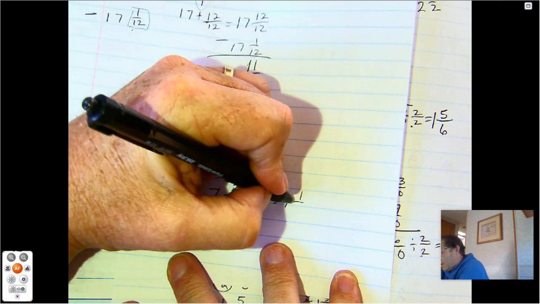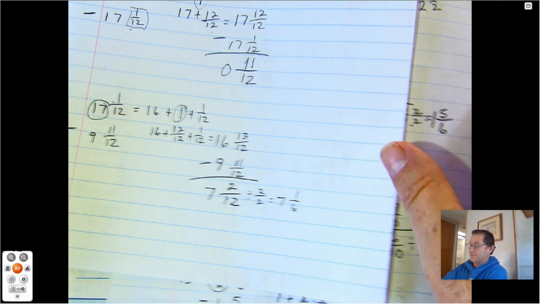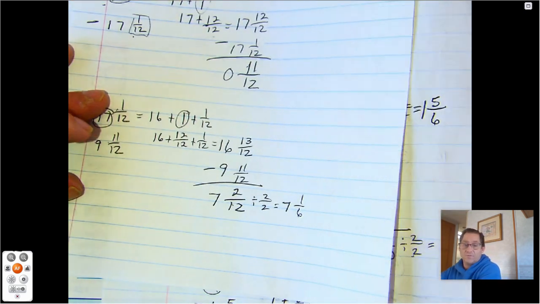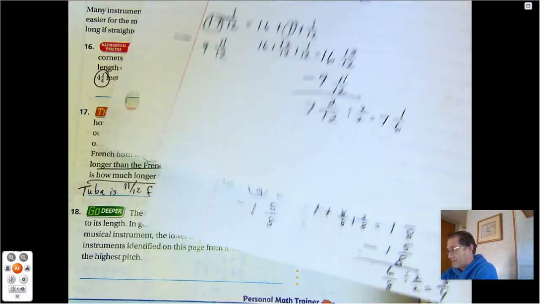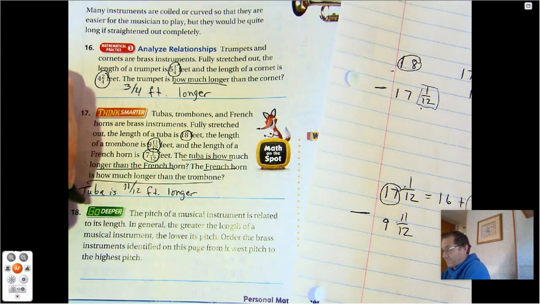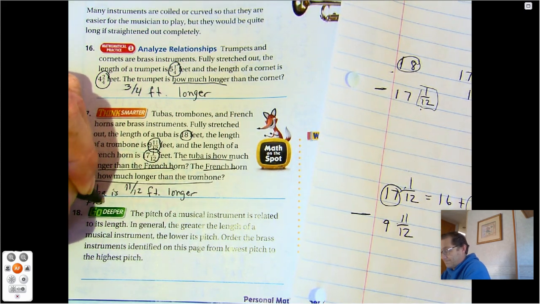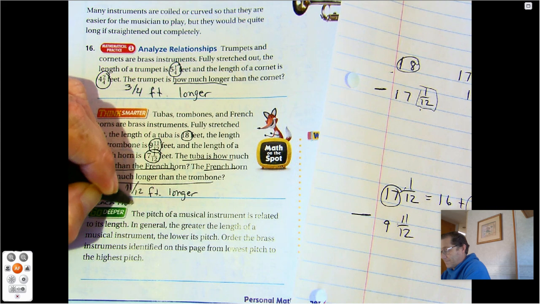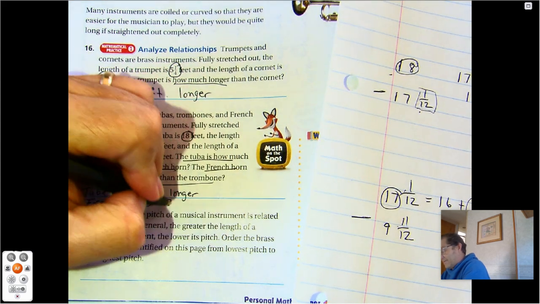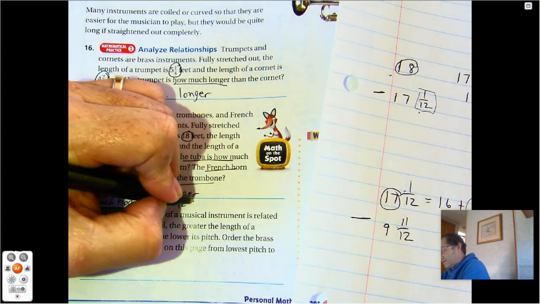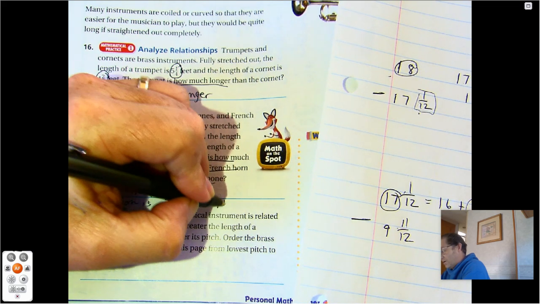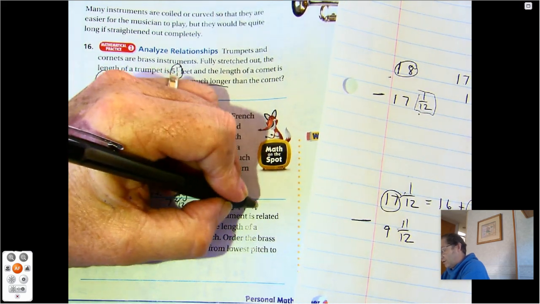So 7 and 1/6. 2 divided by 2 is 1. 12 divided by 2 is 6. So French horn is 7 and 2/12 foot or 7 and 1/6 foot longer.